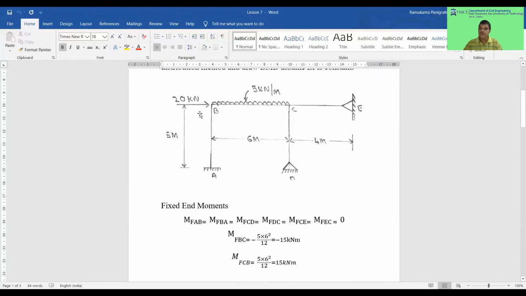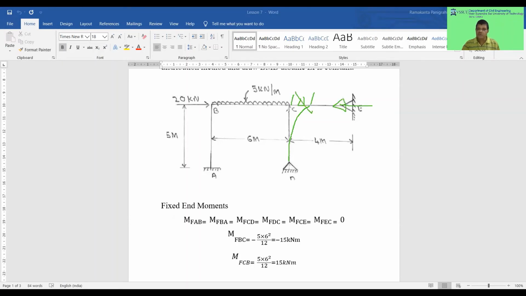All the conditions are given for sway, but this frame will not sway because there is a provision of a horizontal hinge support in the horizontal direction. Whatever sway delta will come here, that will be prevented by this horizontal reaction.